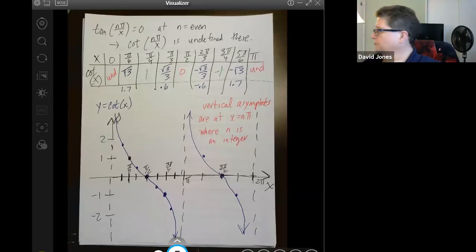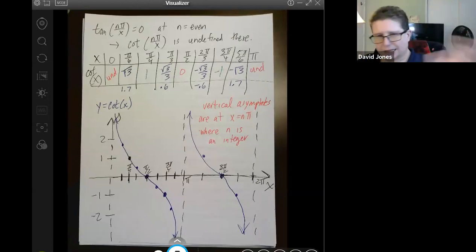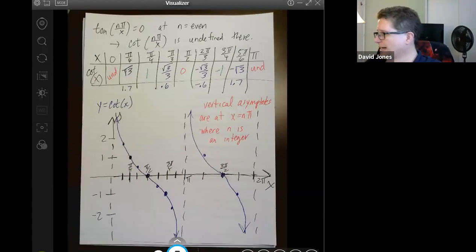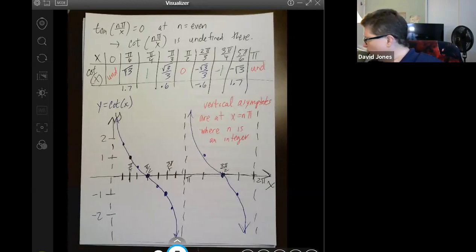Okay. So kind of like tangent, it's flipped and it's shifted, but it's similar to that. Let you finish writing that down. Then we'll start looking at shrinking and stretching and stuff like that.